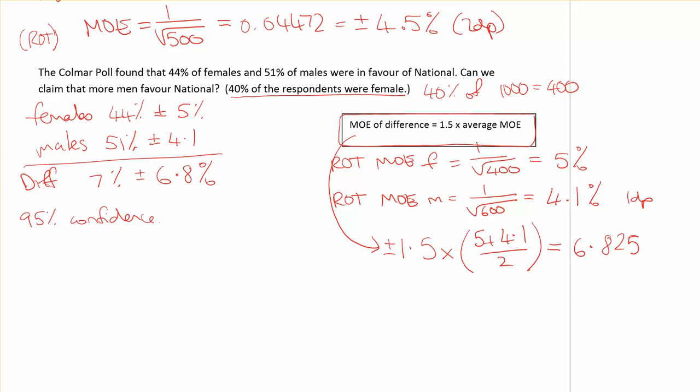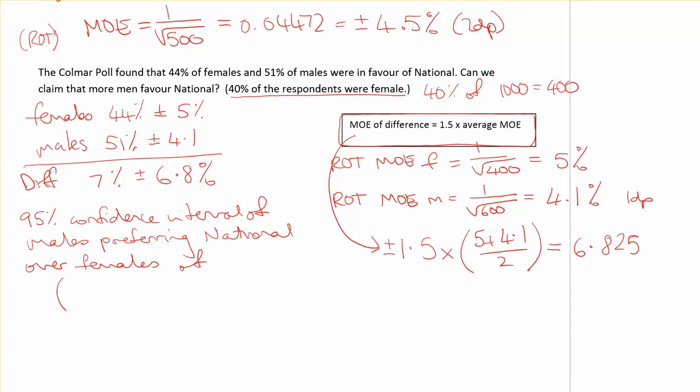We're running out of room here, and you probably are too, but that gives me a 95% confidence interval of males preferring National. So we want 7 minus 6.8 and 7 plus 6.8.